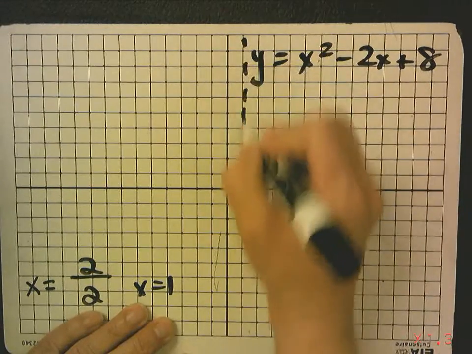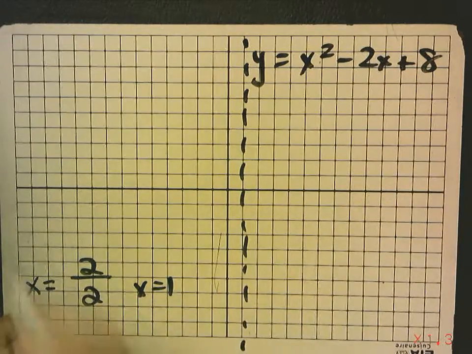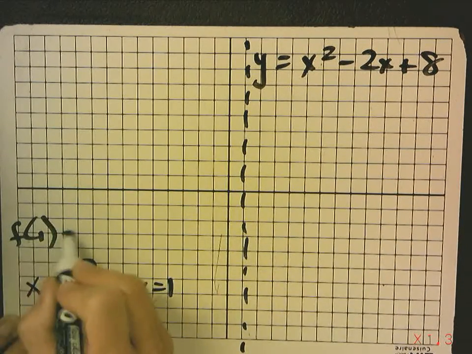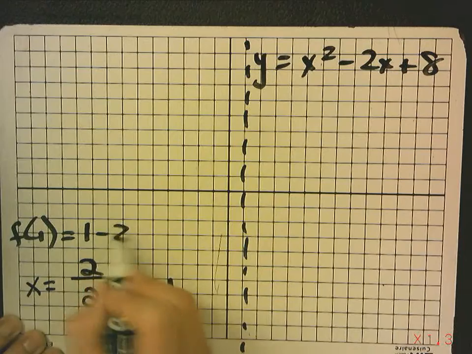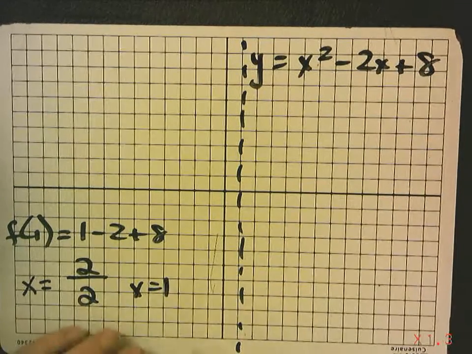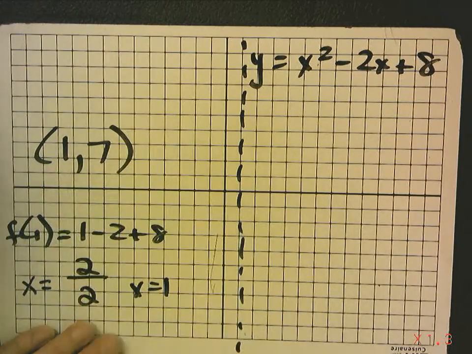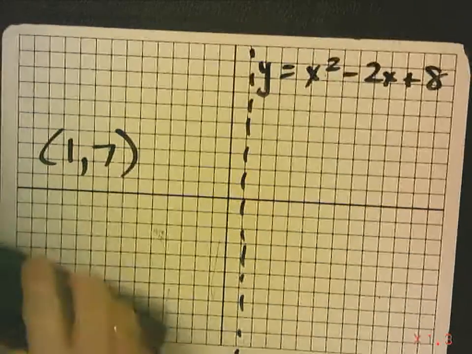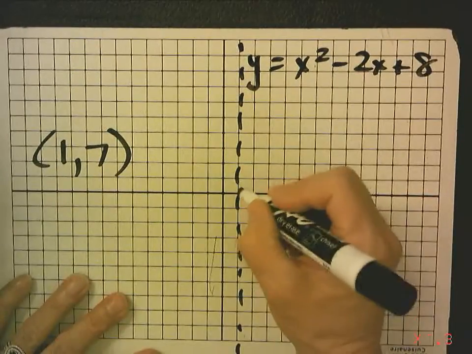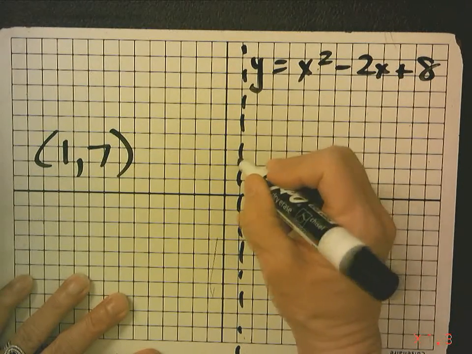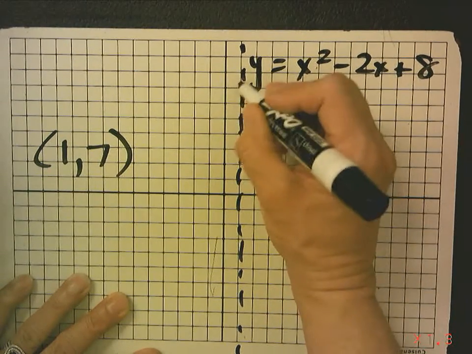So x equals 1 is my axis of symmetry. I plug in f of 1, and I get 1 squared is 1 minus 2 plus 8. So 9 minus 2 is 7. So my vertex is 1, 7. Okay? So I graph 1, 1, 2, 3, 4, 5, 6, 7.